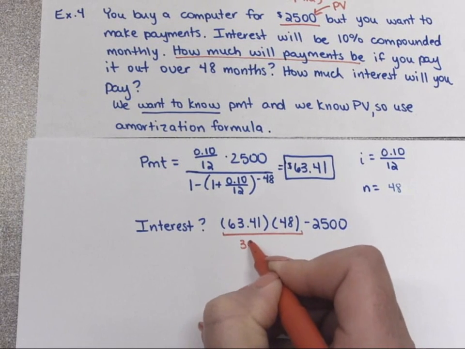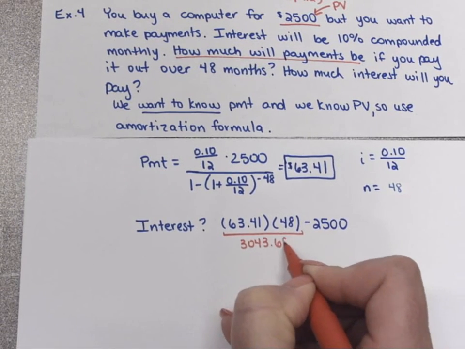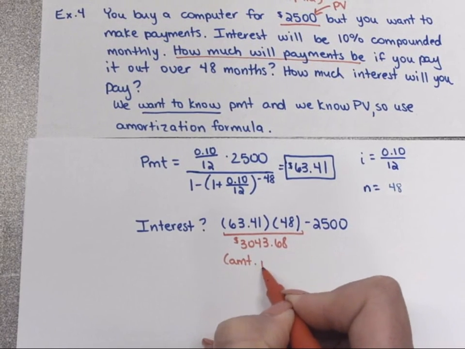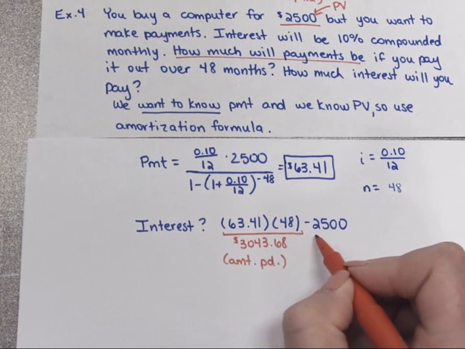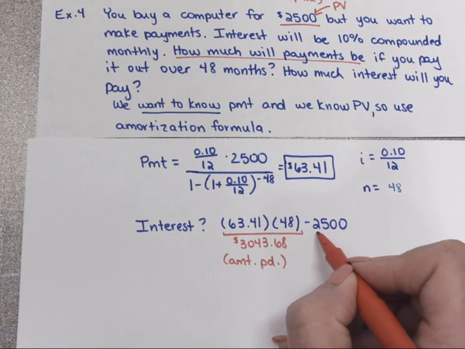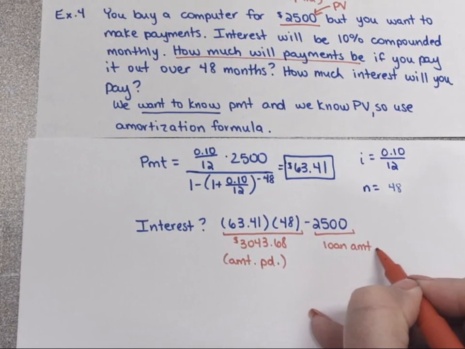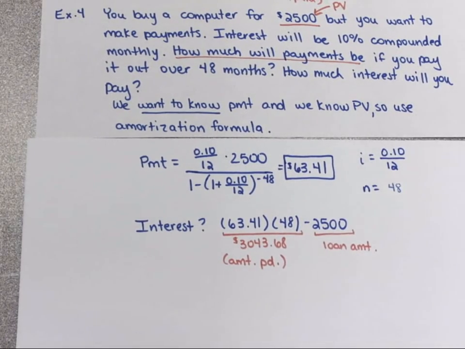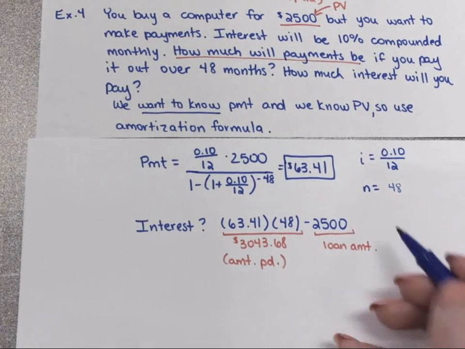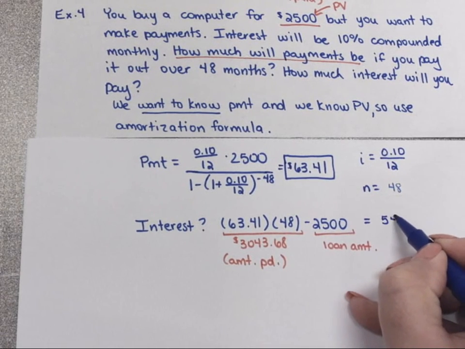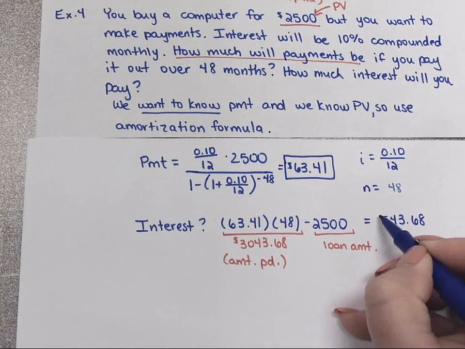So this 3,043.68 is the what? Yeah, it's the amount you paid. And then this, right, is the loan amount. And so the difference will be the interest that we paid. So if you subtract those out, you will get $543.68.